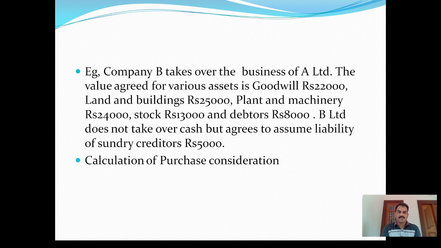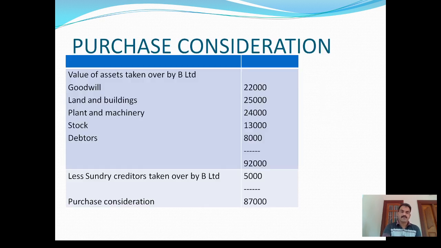Calculate purchase consideration. So here A Limited is the acquiring company, B Limited is the acquirer company. The value agreed between B Limited and A Limited is given, not book value, not balance sheet value. The agreed value is given. Balance sheet value may be different.